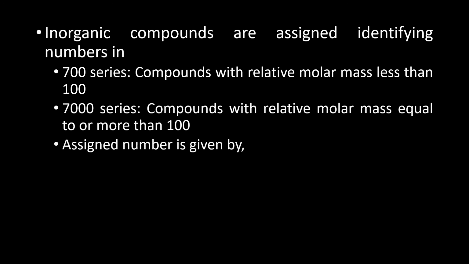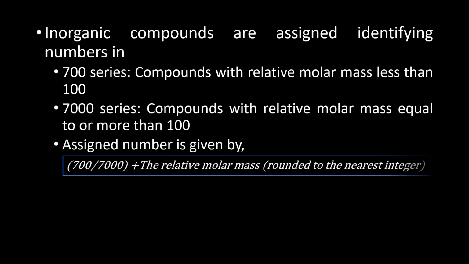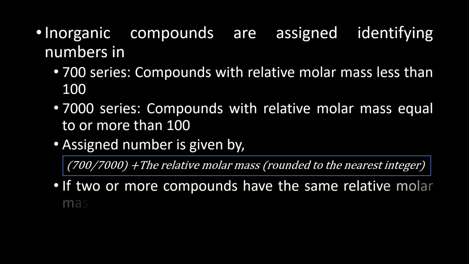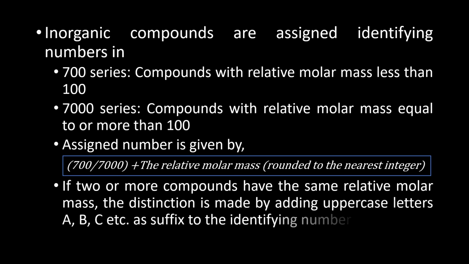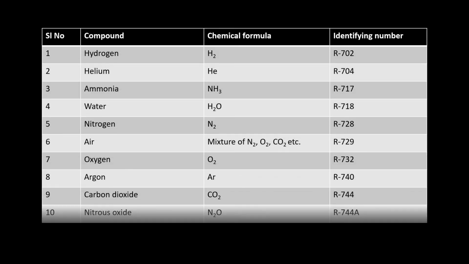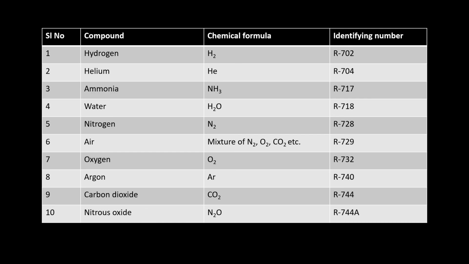The numbers assigned are given by 700 or 7000 plus the relative molar mass rounded off to the nearest integer. If two or more compounds have the same relative molar mass, the distinction is made by adding uppercase letters A, B, C, etc. as suffix to the identifying number.